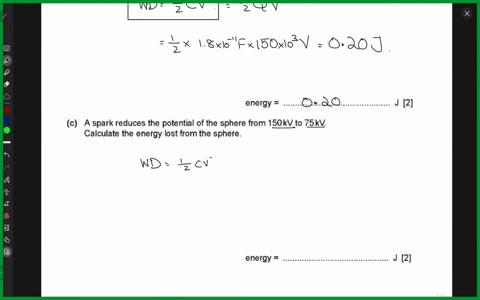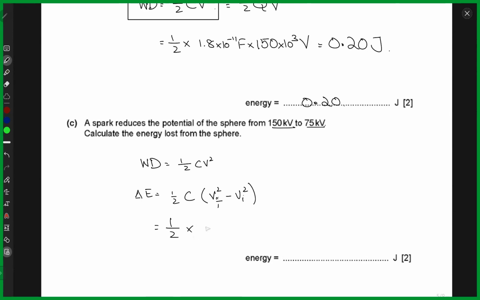But again, this is loss in energy. So we'll say delta E is equal to half C times VF squared minus VI squared. And then you just put in the values.